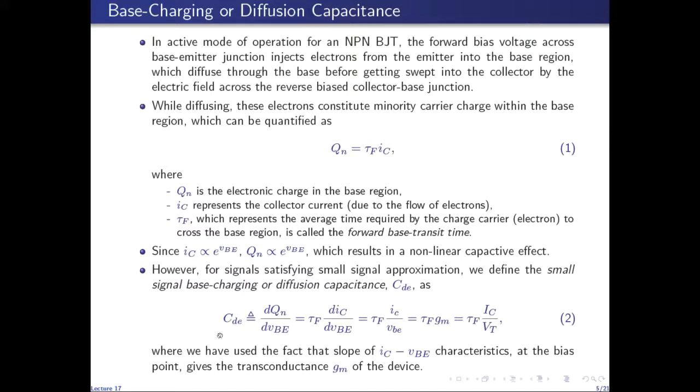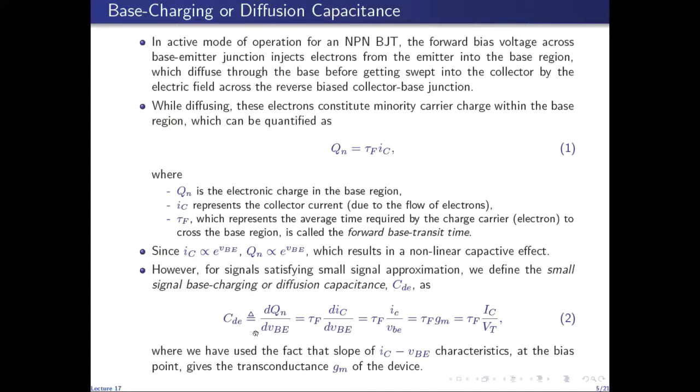So from this relation, we conclude that for a small change in VBE, which is equal to small vbe, the change in charge dQn, which is equal to tau f times dIC, which is equal to tau f times small ic, is given by CDE times vbe.